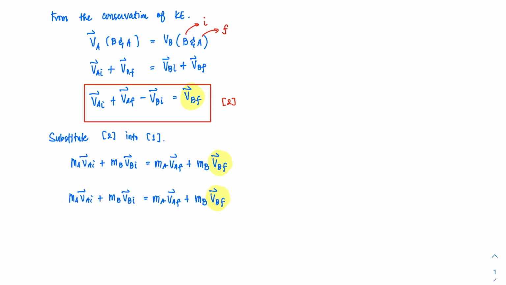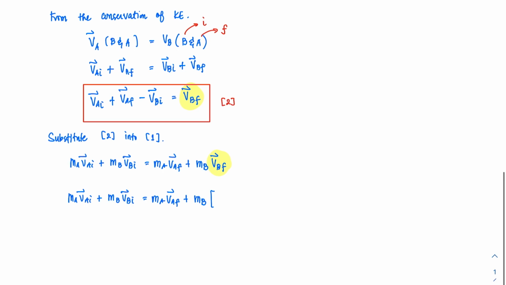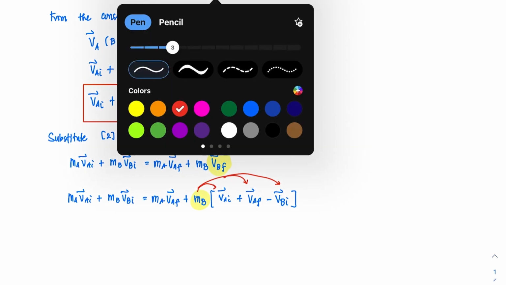Just going to copy that one. You're going to utilize the technology. So that VBF is something that we will replace with VAI plus VAF. Be careful with the notation and the sign, minus VBI. So what you're going to do is that you're just going to distribute MB to each of the terms here. So let's perform that one.